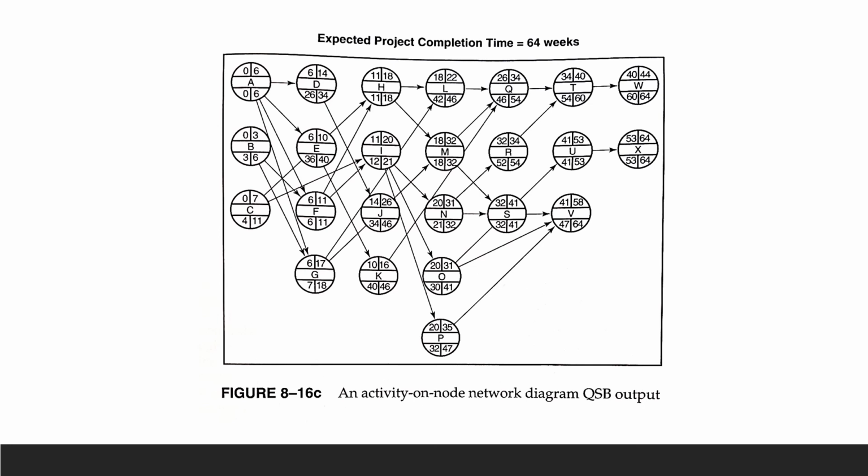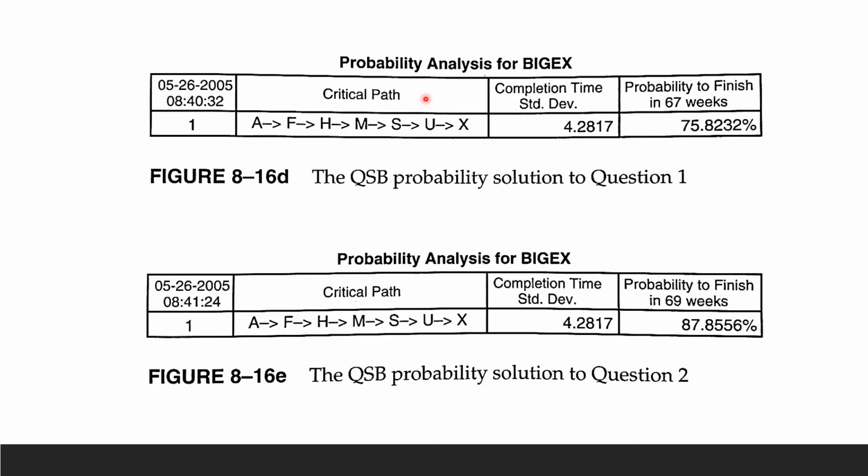All you have to do is feed the data to your system, and QSB is going to give you the result automatically. Here it shows the probability analysis for Big X. Using software, it's going to spit out this type of data, and you'll see it's a little different from your hand calculation. The difference is right here: 67 with 75, and here 69 with 87.